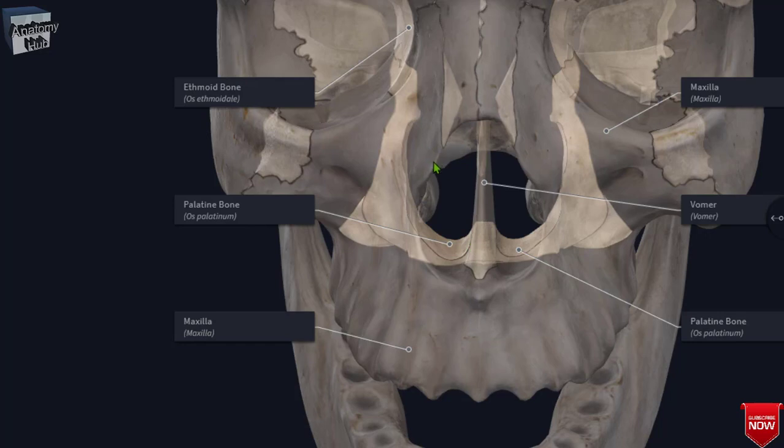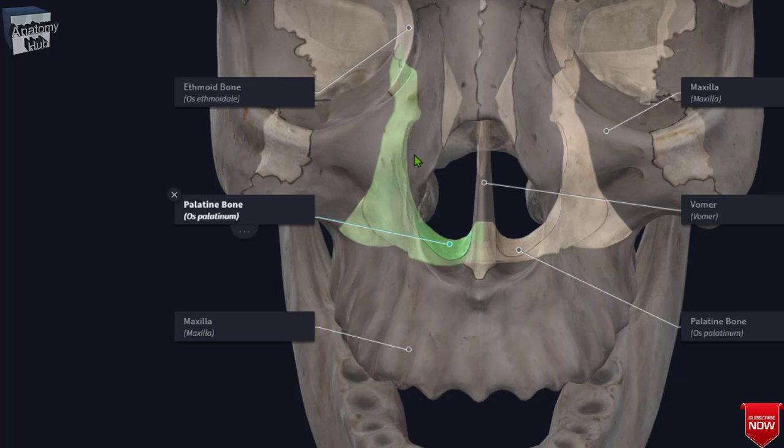If you want to know detail about the pterygopalatine fossa, please press the I button to get the pterygopalatine fossa in more detail. But here we will concentrate only on the palatine bone, which consists of two plates, the horizontal plate that is over here, and you will find the perpendicular plate.